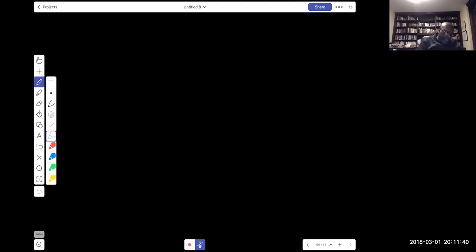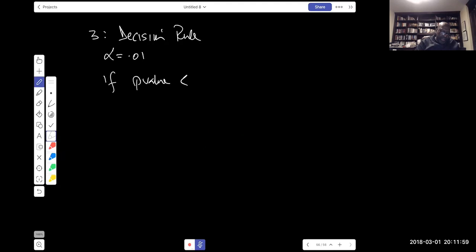We just need to state the decision rule. So alpha is 0.01, right? So we would say if p-value is less than alpha, 0.01, we will reject the null hypothesis.